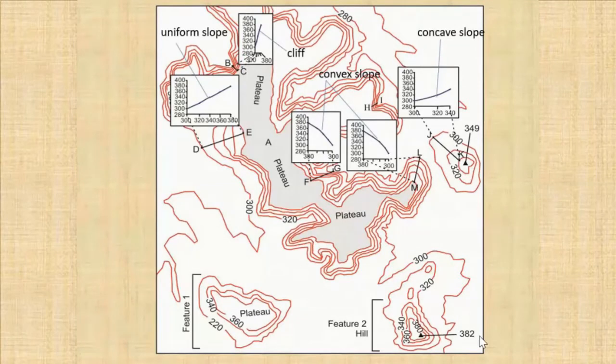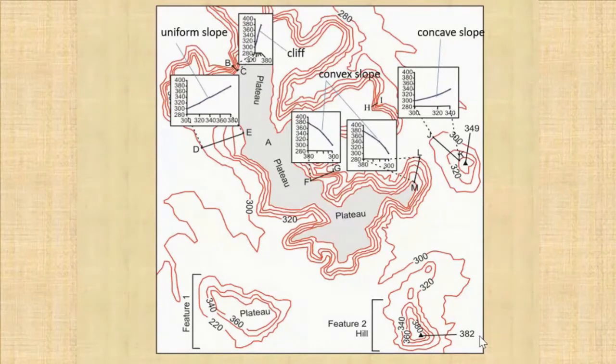Now see the point B to C. Here you can see that contours are very close to each other, and after preparing its cross section by plotting the value of the contours along the horizontal axis and vertical axis, we are getting a kind of line that is indicating a very steep line.